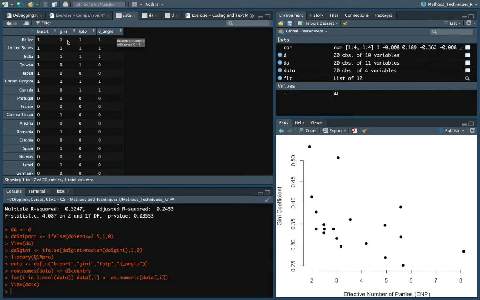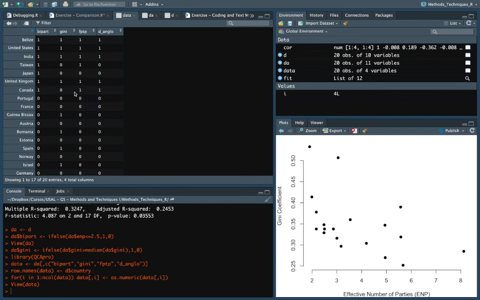We see that we have high Gini both in countries that have bipartisanism and in countries that are not bipartisan. So Gini is not a great candidate for a cause of bipartisanism because it's present both in countries with bipartisanism and countries without it, with high levels of electoral fragmentation.